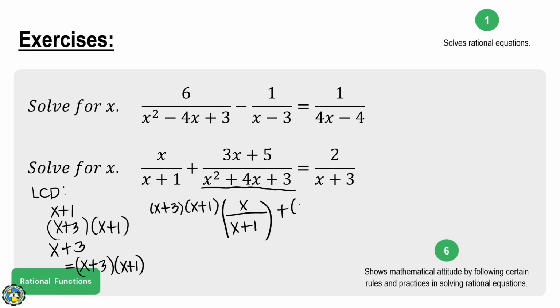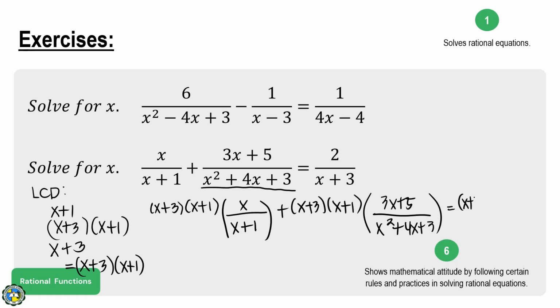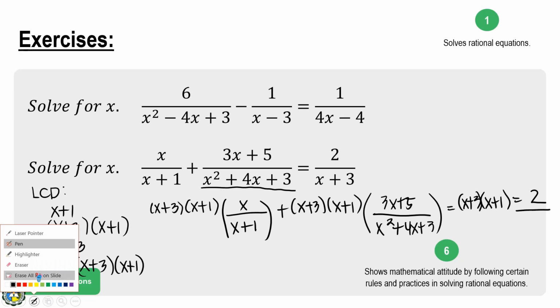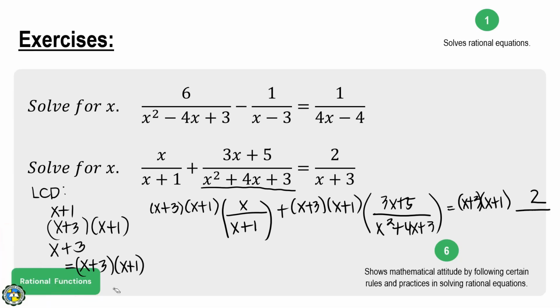So we have this one. Okay? Plus x plus 3, x plus 1, multiply to 3x plus 5 all over x squared plus 4x plus 3 equals x plus 3, x plus 1 equals 2 all over, not equals, multiply still.